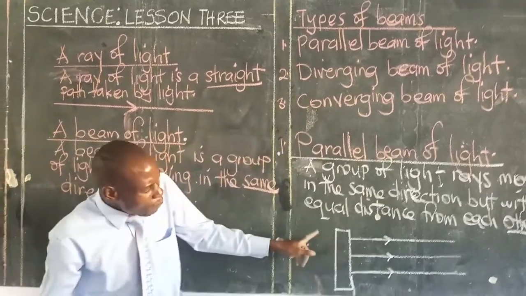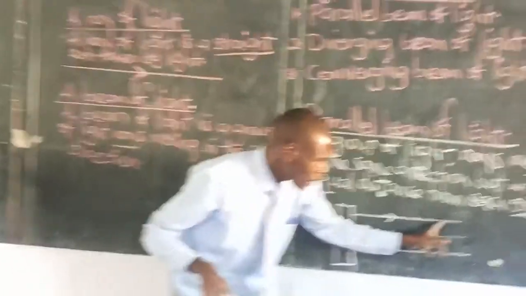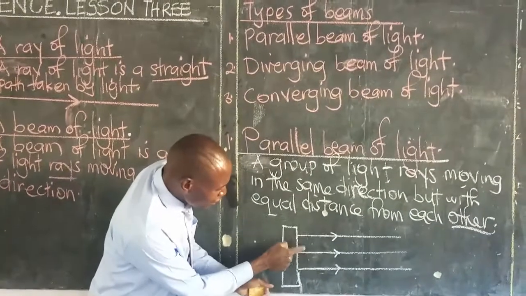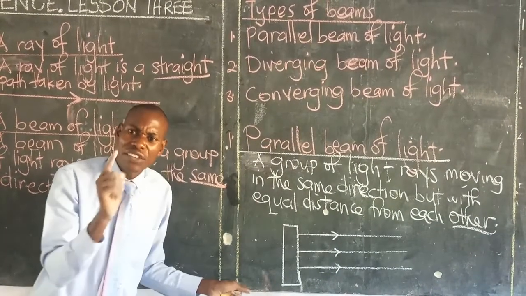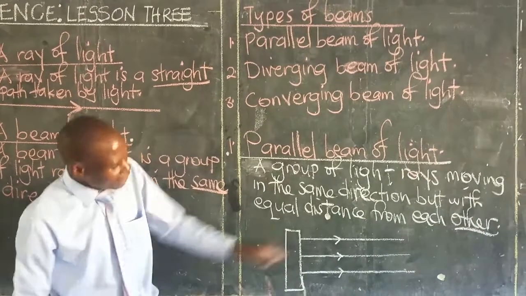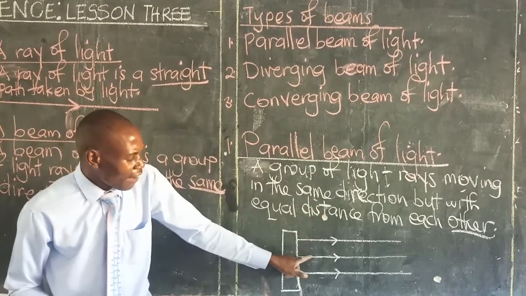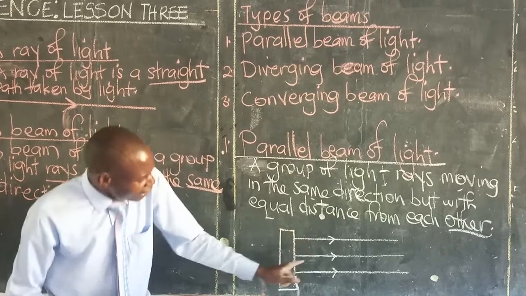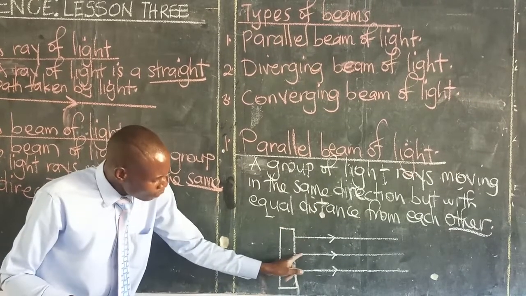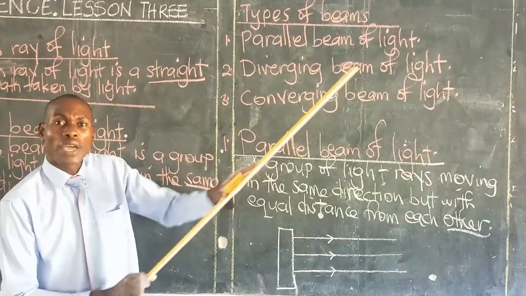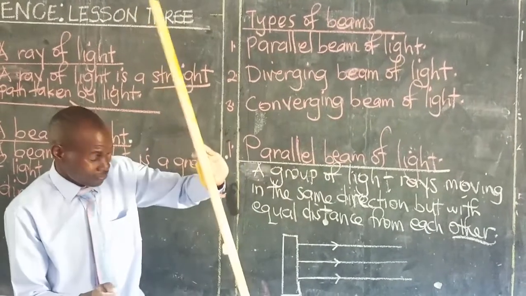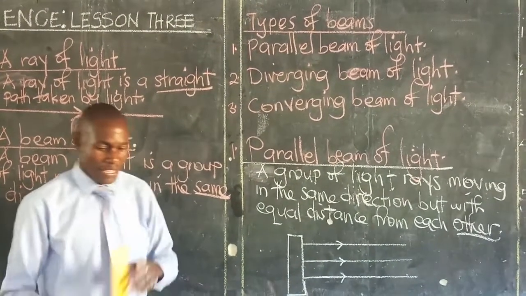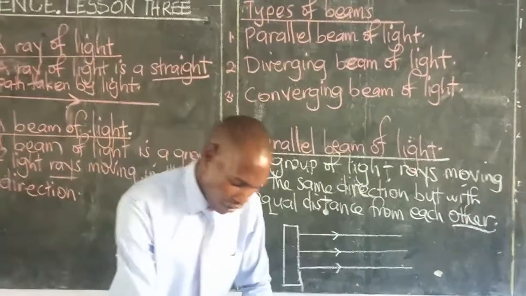The rays of light are moving in the same direction, but as they move, they have got equal distance from each other. For example, let us look at this ray and this ray. You find that the distance from here to here is equal to the distance from here to here, according to the way I have drawn them. Are we together, boys and girls? Yes. Thank you very much for listening.